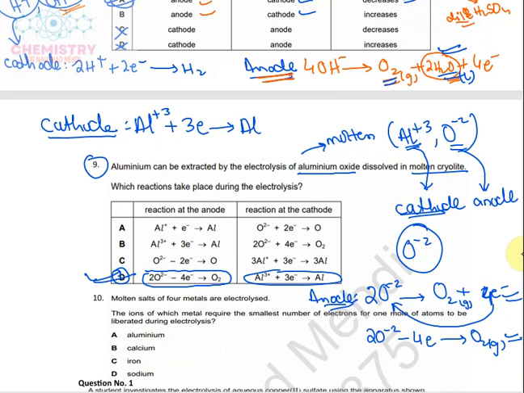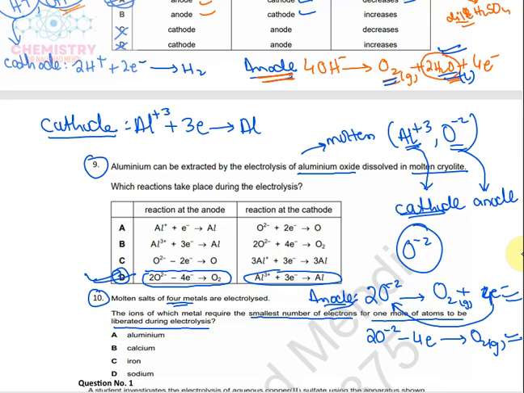Okay. Now the last MCQ, in which it is saying that the molten salts of 4 metals are electrolyzed. So you have salts of 4 different metals. The ions of which metal require the smallest number of electrons for 1 mole of atoms to be liberated during electrolysis?